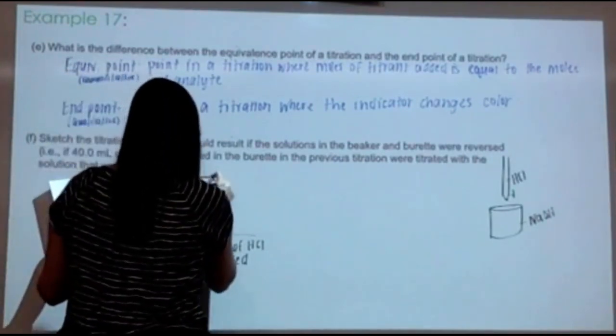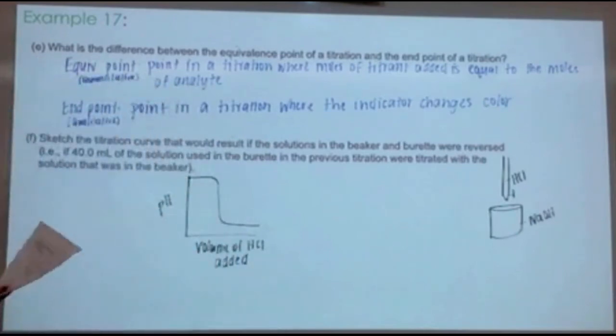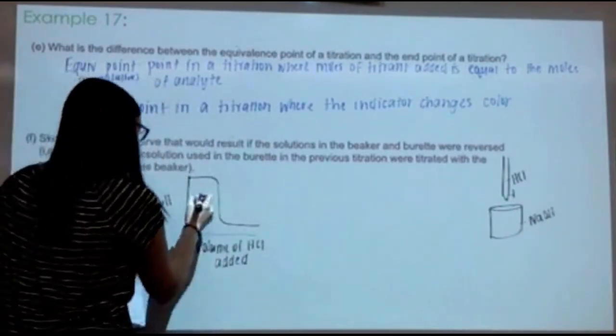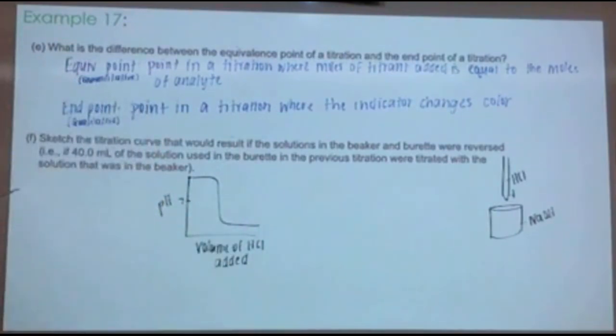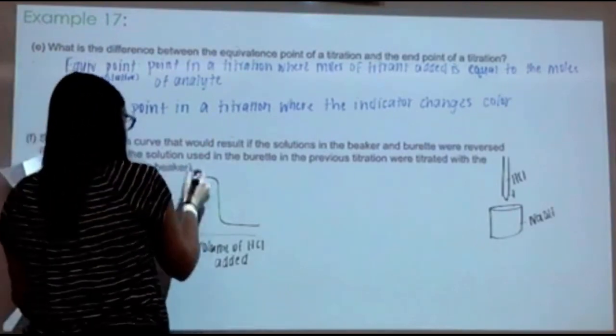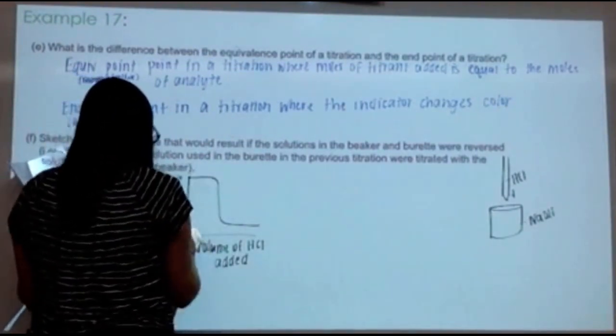And then really we'll just see a pretty nice S-curve. The pH at the equivalence point will still be 7. I would say in terms of starting and ending, the pH up here should be between 12 and 14.